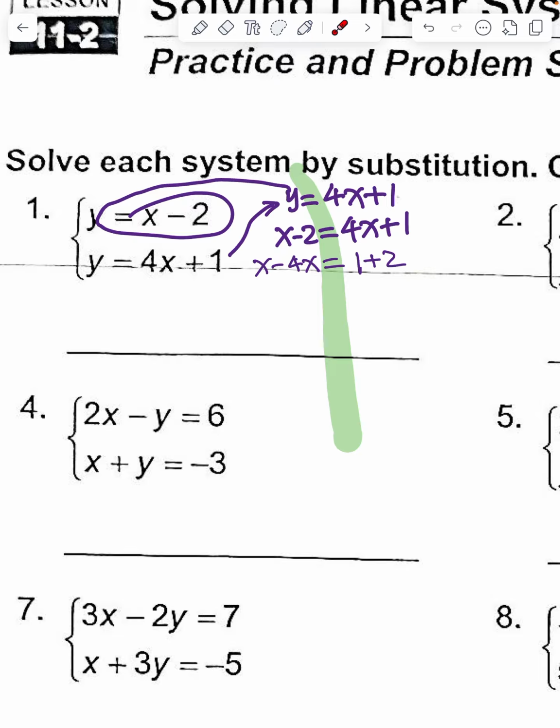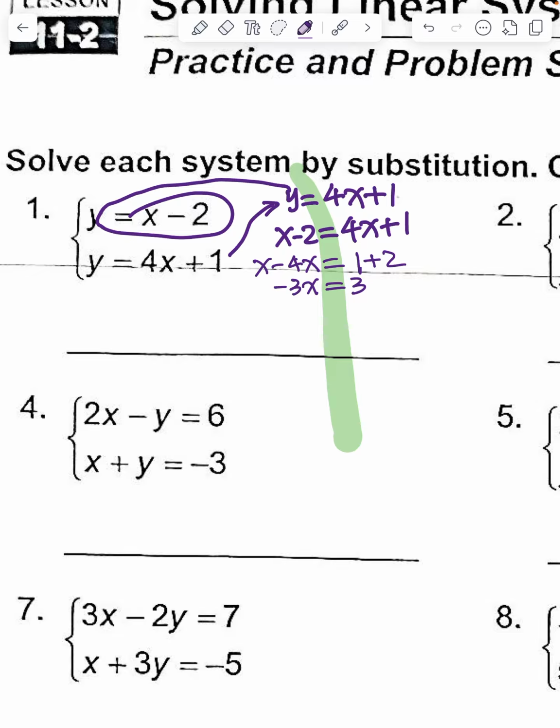So now I have all the variables on one side and all the numbers on the other side. Now I can solve it. x minus 4x. x is just 1x, we just don't write out the 1. So 1x minus 4x is negative 3x, equal to 3.